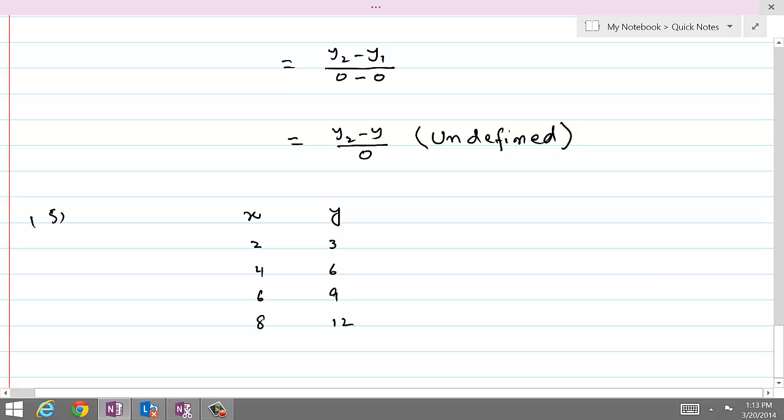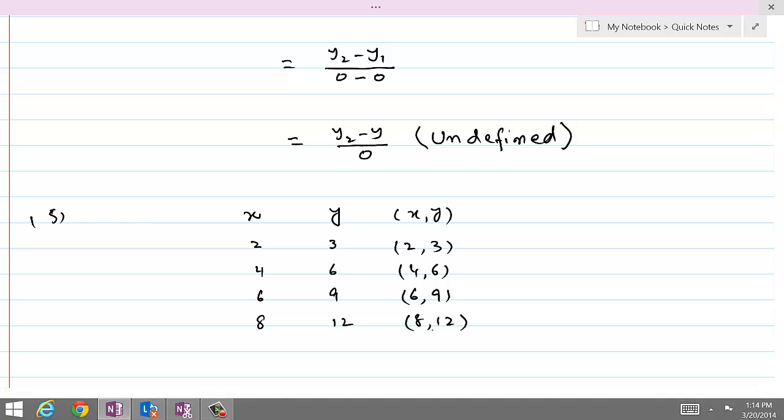This is linear data. This is data that is showing a straight line. There are 2 ways we can find the slope. Either we can write pairs x, y, and these pairs could be 2, 3, 4, 6, 6, 9, and 8, 12, and draw these pairs of points on the grid and then find the slope as usual.